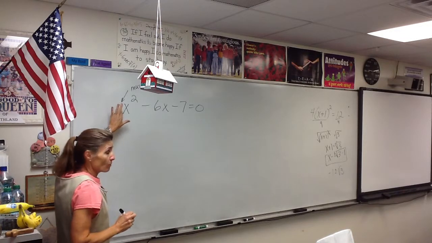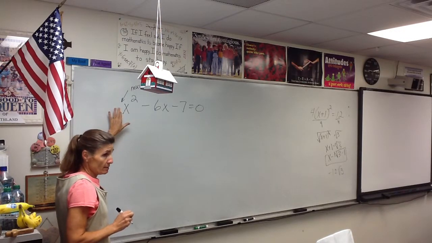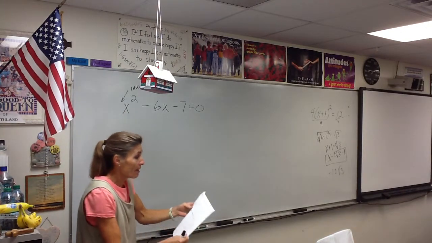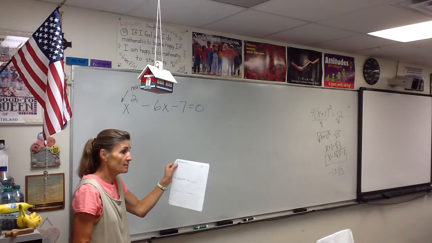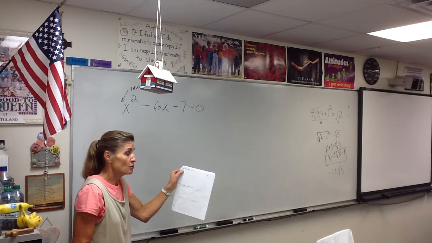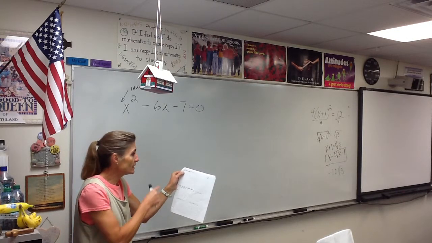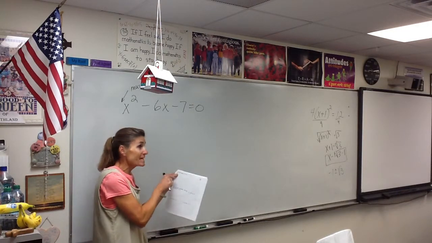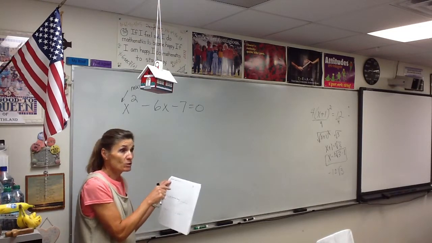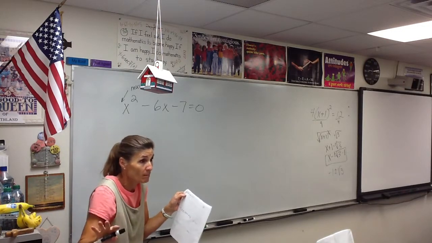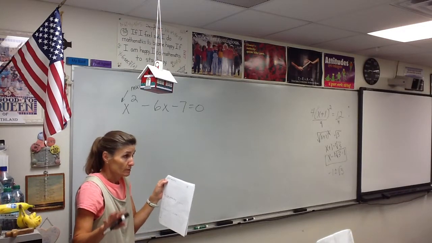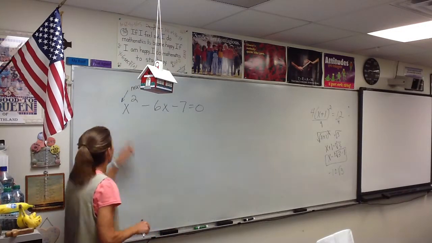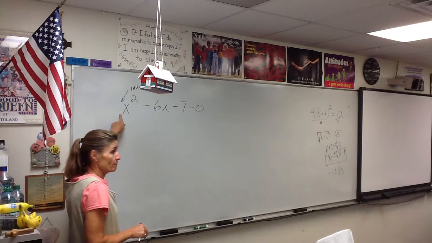If this number right here isn't a 1, we got to make it a 1. Look, if you would, at problem C in this section. You see what I'm talking about? What's the leading coefficient there? 2. So the very first thing when we get to that problem is divide everything by 2. You cannot complete the square until that number is a 1.